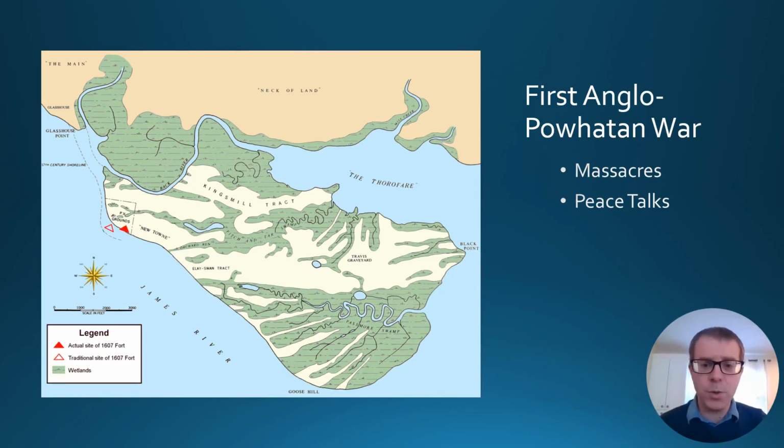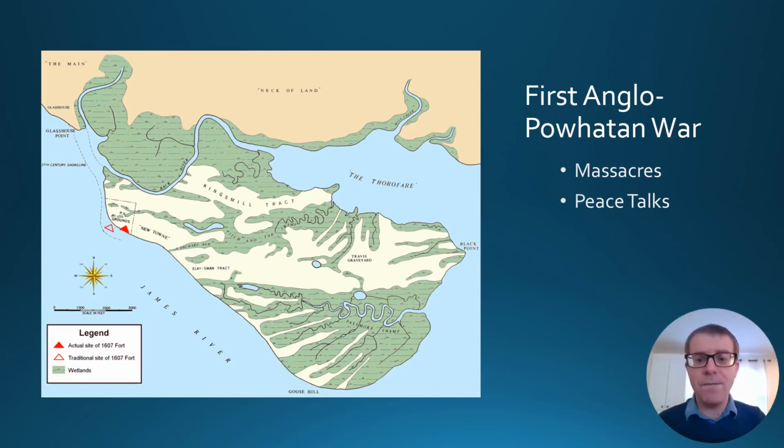In particular, there's a notorious massacre where a group of English soldiers come across this native village, Paspahegh, and they actually kill dozens of people, including women and children. And Pocahontas herself is actually captured during this war by the English.